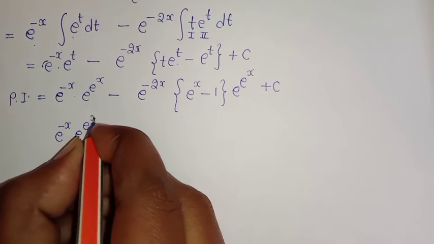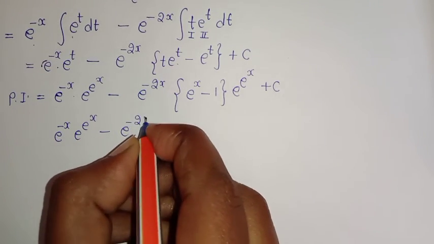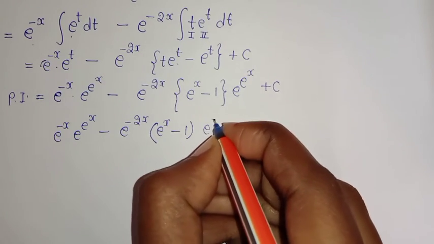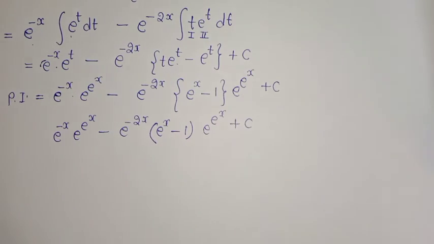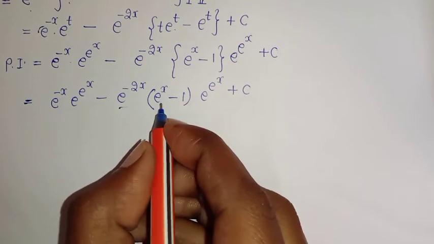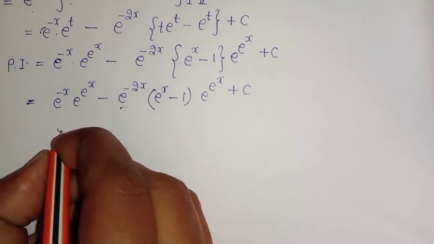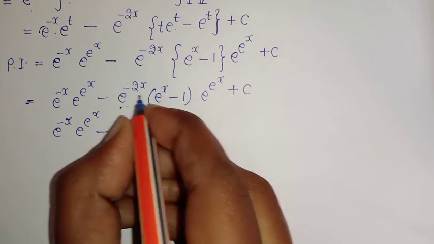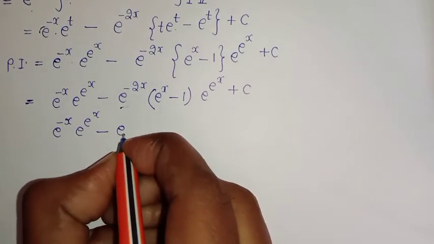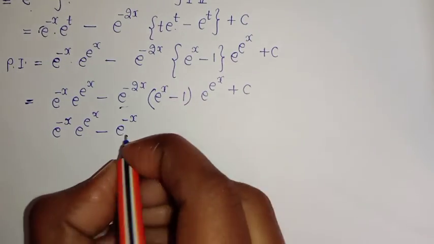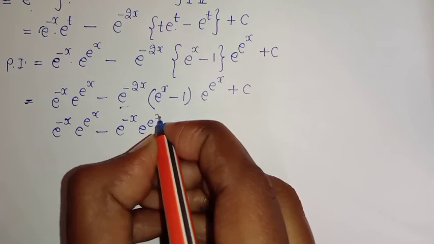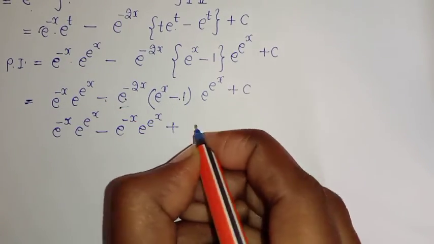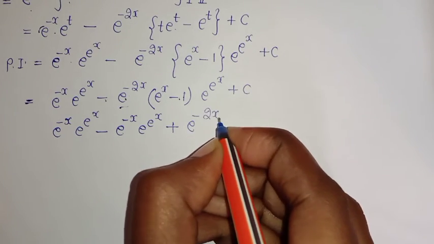If I simplify this, then it becomes e raised to power minus x, e raised to power x minus e raised to power minus 2x, e raised to power x minus 1, e raised to power x plus c. Now we multiply this term by this bracket, then we get e raised to power minus x, e raised to power x minus, if we multiply, then it becomes e raised to power minus x only, and if we multiply inside, then it becomes e raised to power x, and if we multiply this term by minus 1, then it becomes plus e raised to power minus 2x, e raised to power x.